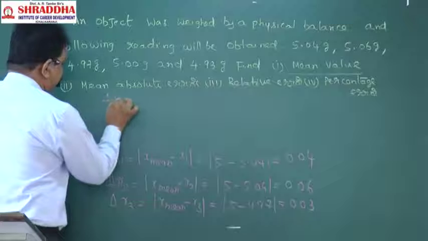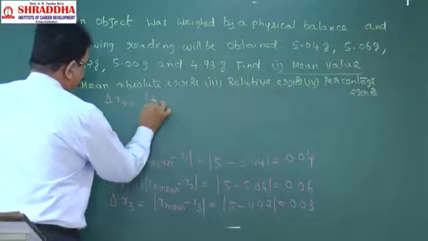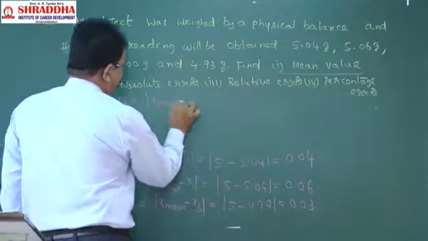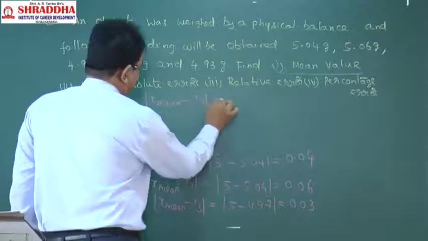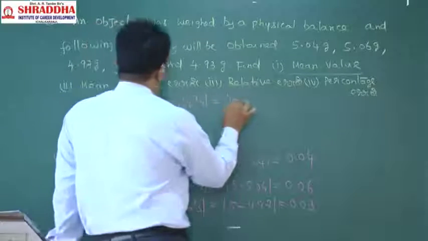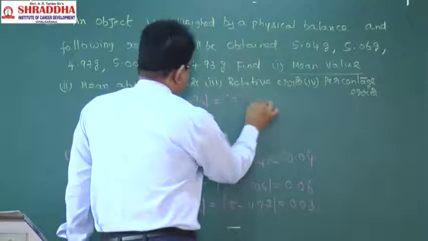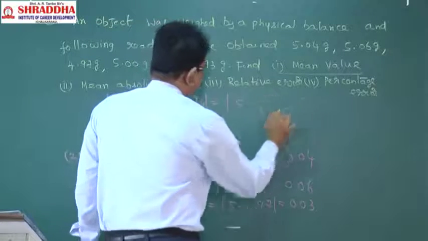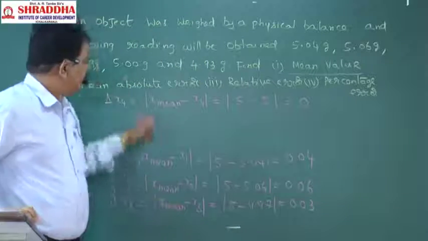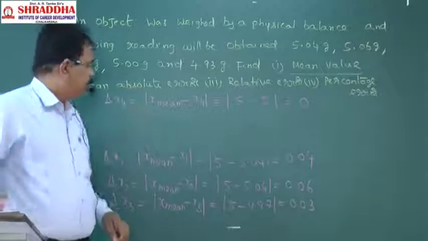Next, delta x4 is equal to x mean minus x4. So 5 minus 5, this value will be 0.